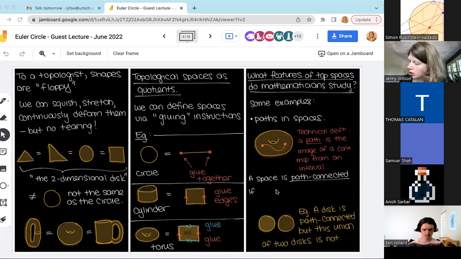But then I'm also going to glue together the top and bottom edges. So I'm going to glue this point to this point, and this point to this point, and so on and so forth. That's like taking my cylinder and gluing the circle at the top to the circle at the bottom. And my claim is that when I do that, the space I get is a torus.